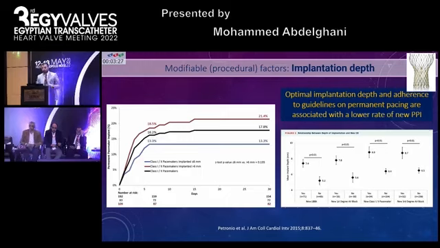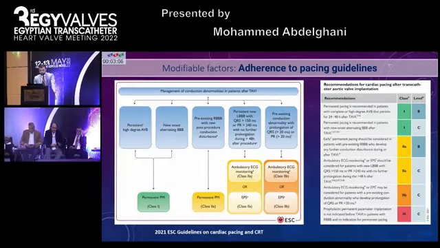One of the most important modifiable factors that we can manipulate in order to reduce our pacemaker requirement rate is the implantation depth, and this has already been confirmed in some interventional studies that try to optimize the implantation depth and hence improve the pacemaker requirement rate.